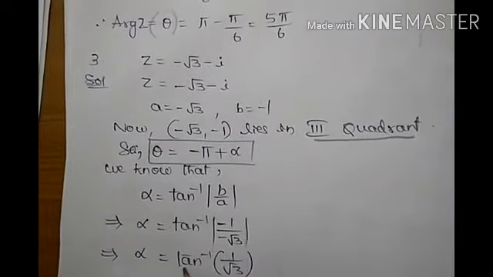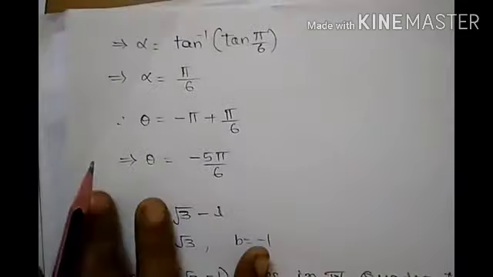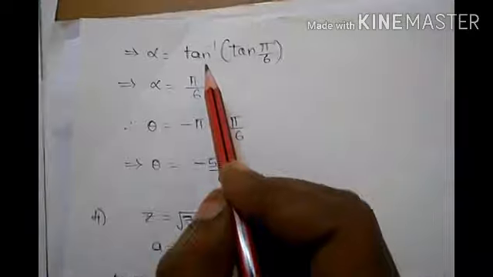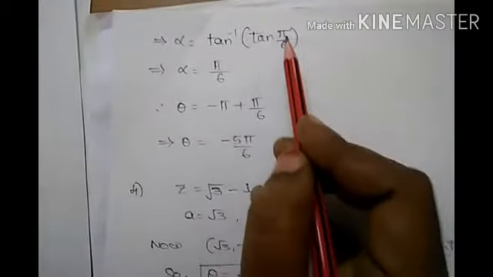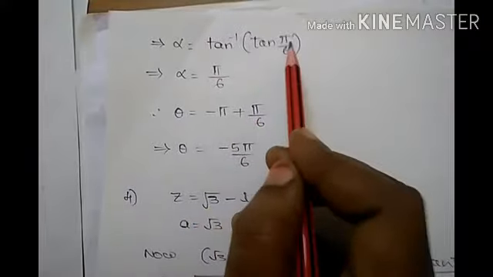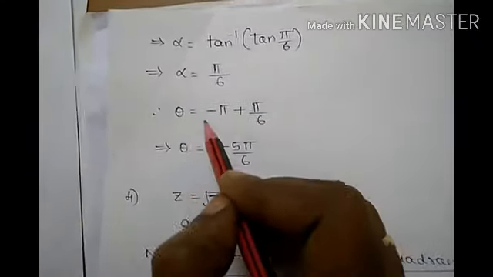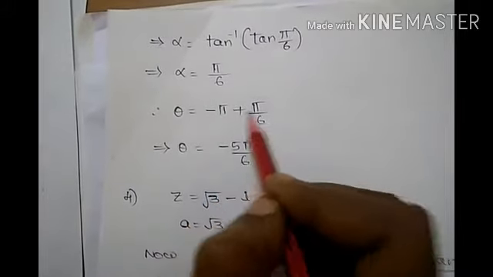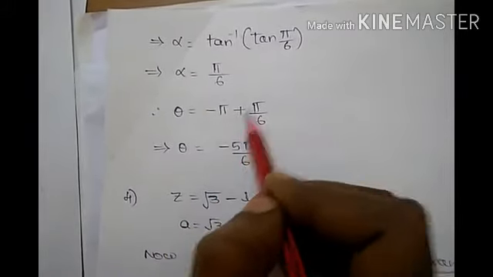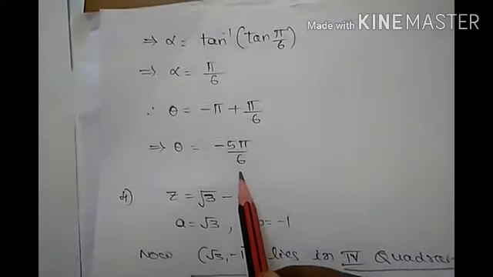So alpha equal to tan inverse of 1 by root 3, that implies alpha equal to tan inverse of tan pi by 6. Again, tan inverse of tan pi by 6 gives pi by 6. In the third quadrant, argument theta equal to minus pi plus alpha. So minus pi plus pi by 6 gives theta equal to minus 5 pi by 6.